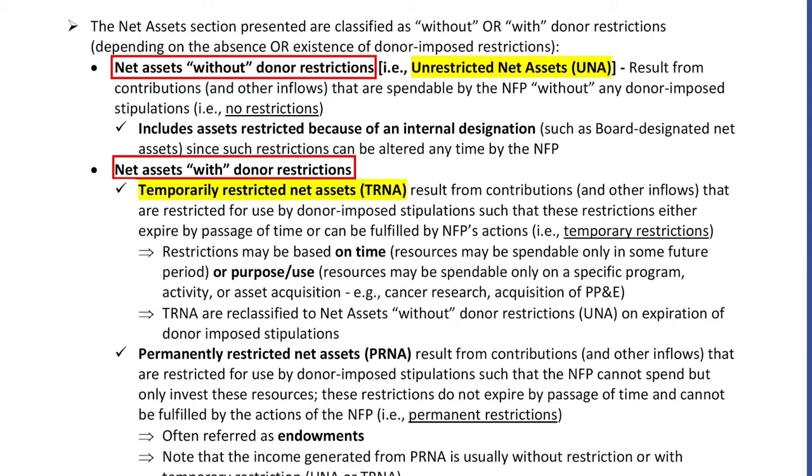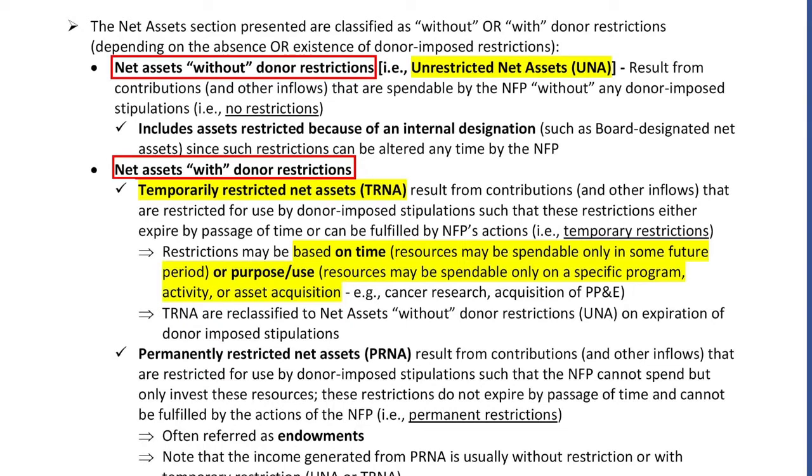So these restrictions may be based on time, which means that resources may be spendable only in some future period, or may be based on purpose or use, such that the resources may be spendable only on a specific program, activity, or asset acquisition. For example, it could be for cancer research or for acquisition of PP&E.